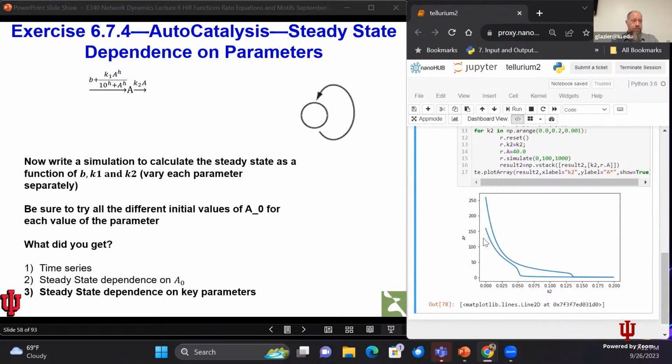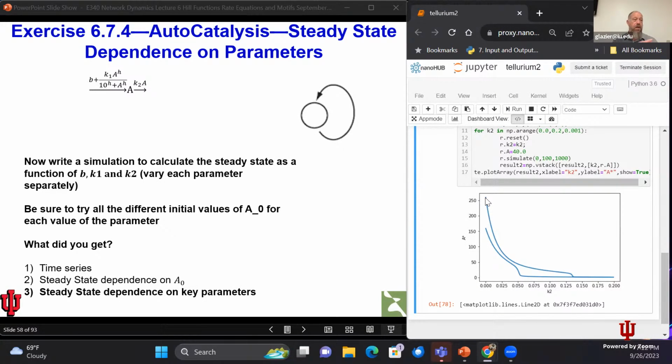Here's A, the final value of A. If K2 is 0, well, I know that if K2 is 0, I have no decay. Actually, the total amount goes to infinity, so it doesn't make any sense.